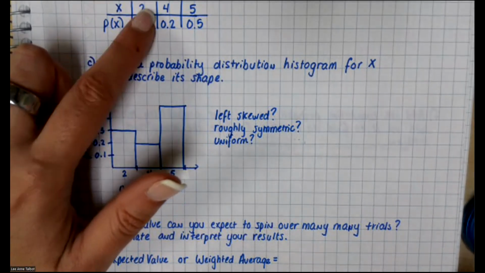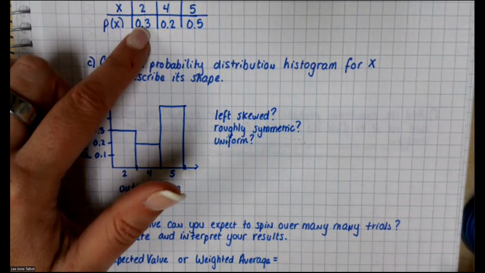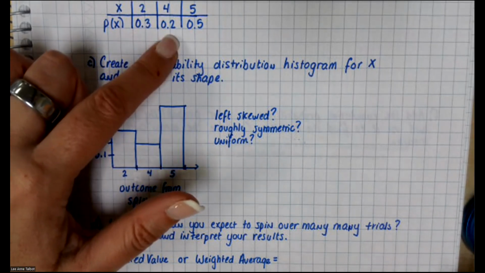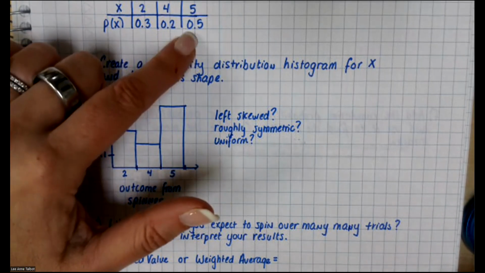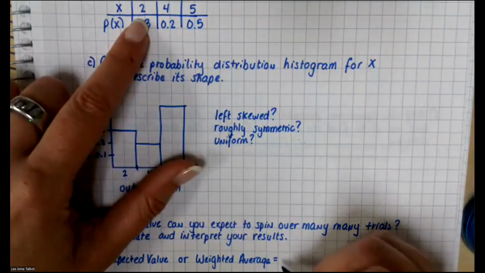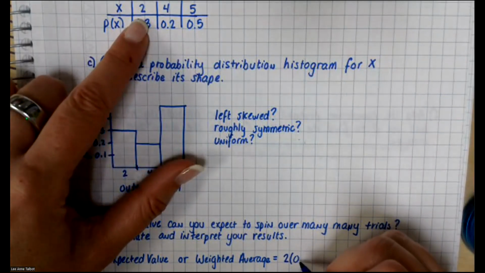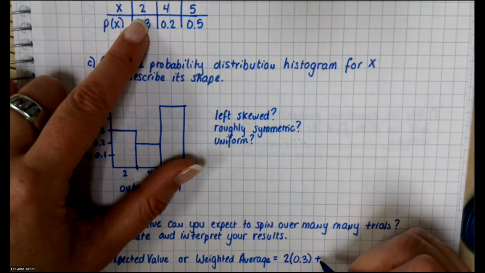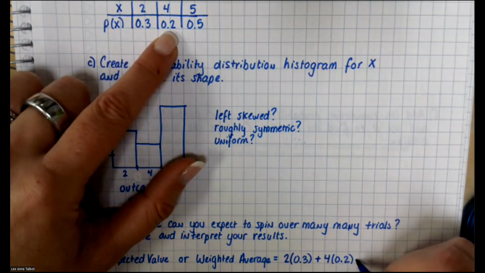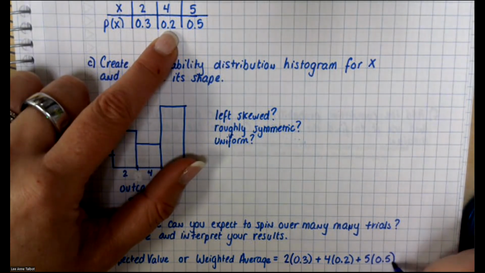You take the thing times how often it happens, plus the thing times how often it happens, plus the thing times how often it happens. In my dumb thing, I always say top times the bottom plus top times the bottom plus top times the bottom.